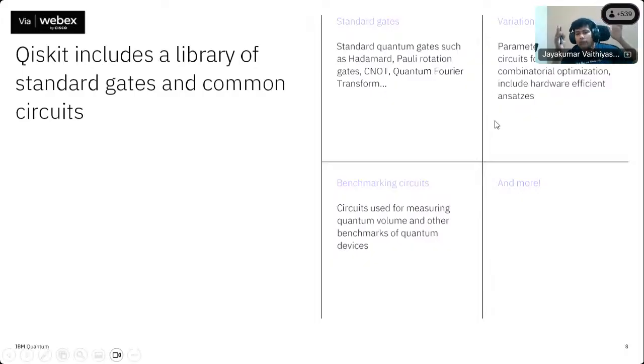Suppose if you want to compare your quantum circuit, your algorithm with another algorithm, then you can go for benchmarking. So how good your circuit is while comparing with your quantum volume. Okay. So note down this term called quantum volume. So quantum volume is a new benchmark, or you can say quality.